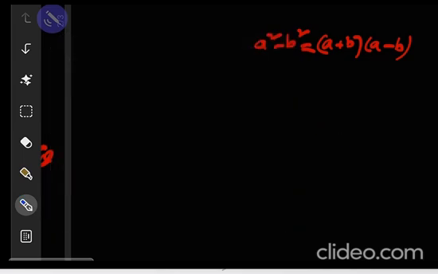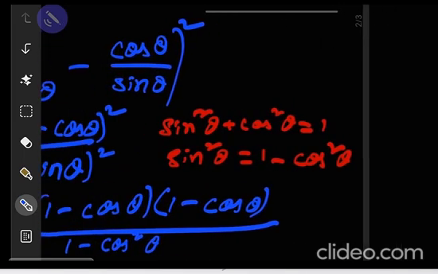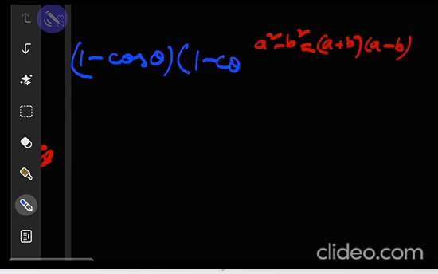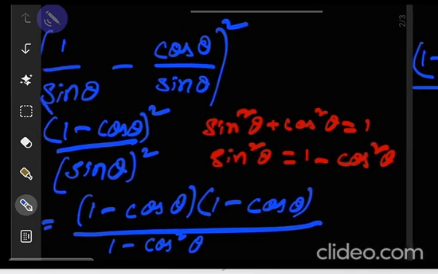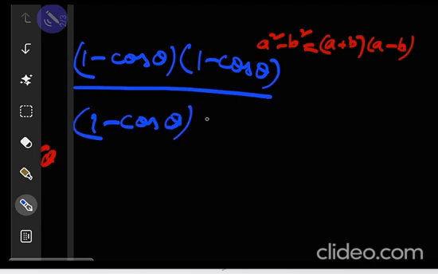Now what we have to do is write the numerator as it is, 1 minus cos theta whole square, so 1 minus cos theta into 1 minus cos theta, divided by (1 minus cos theta) into (1 plus cos theta).